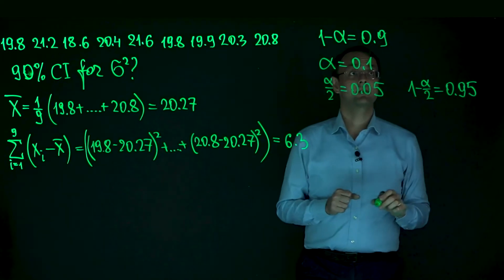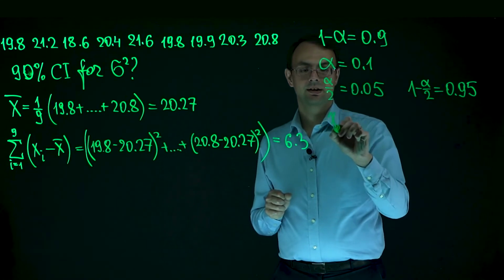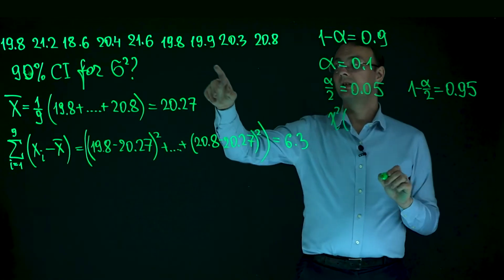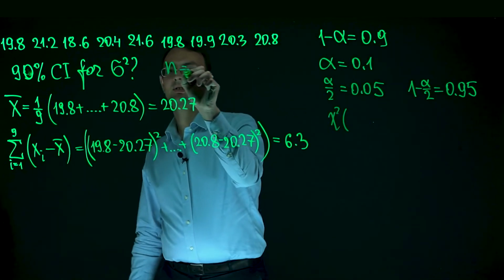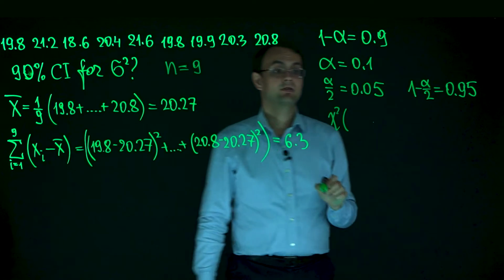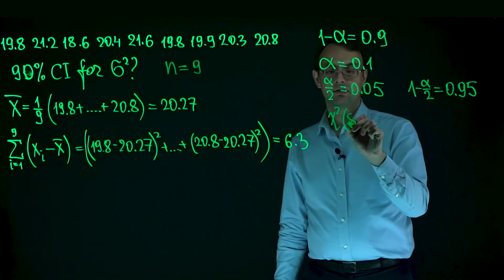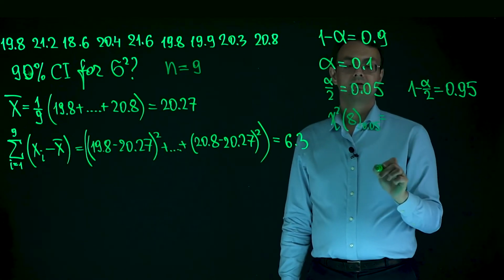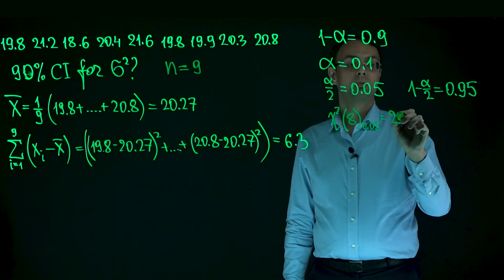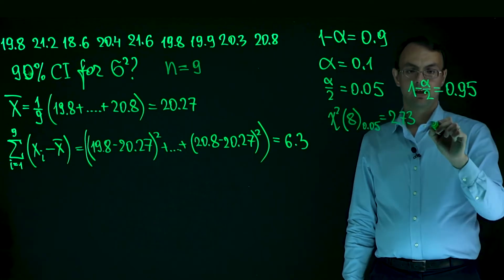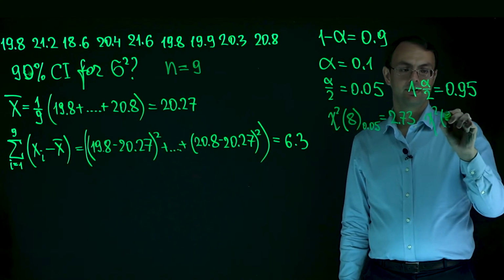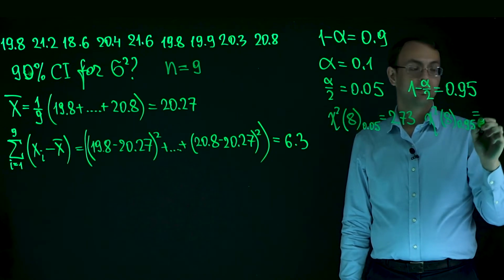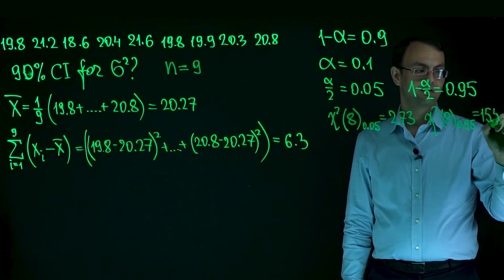I need two quantiles of the chi-square distribution with the number of degrees of freedom equal to the sample size minus 1. The sample size is 9, I have 9 observations, so 9 minus 1 is 8. The quantile of level 0.05 is equal to 2.73, and the quantile of level 0.95 is equal to 15.51.